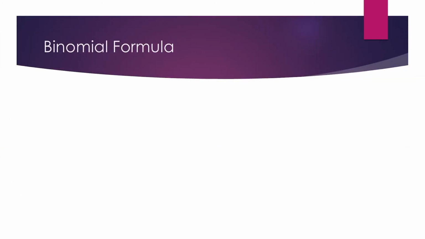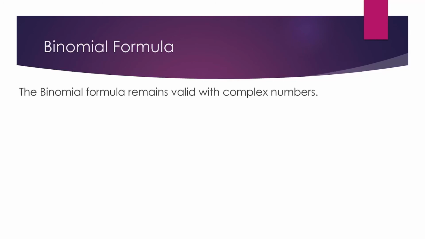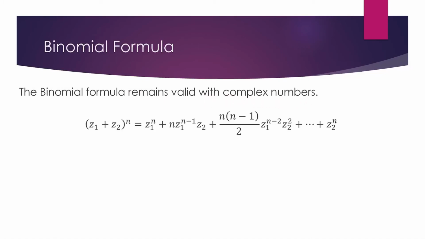And we have seen the binomial formula for real numbers: a plus b the whole power n is equal to and so on, where a and b are real numbers. The same formula remains valid with complex numbers. That means if Z1 and Z2 are two complex numbers, then Z1 plus Z2 the whole power n will be Z1 power n plus n times Z1 power n minus 1 times Z2 plus n times n minus 1 divided by 2 Z1 power n minus 2 Z2 square plus and so on, up to Z2 power n.